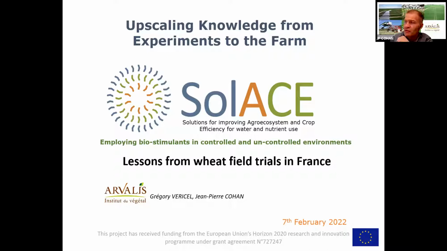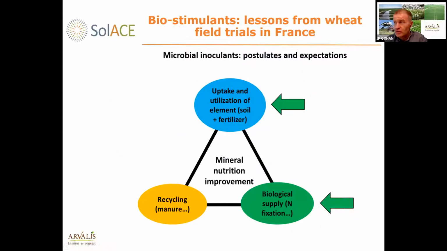To give you a very brief introduction of what we could expect from using microbial inoculant in wheat, I like to show this triangle of nutrition improvement, mineral nutrition improvement, with 3 summits.